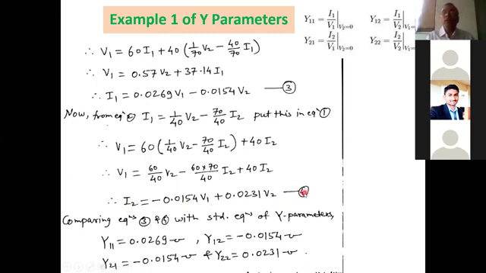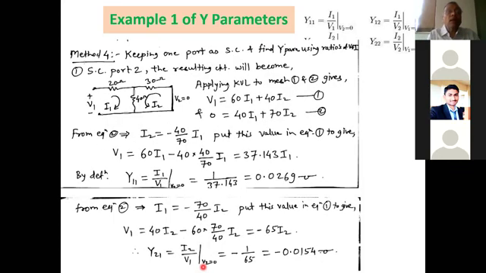Now this is equation number 4. Compare equations 3 and 4. You will find that the coefficients of V1 and V2 will give you the parameters y11, y12, y21 and y22. Again, by this method also, we have got the same answer for Y parameters.